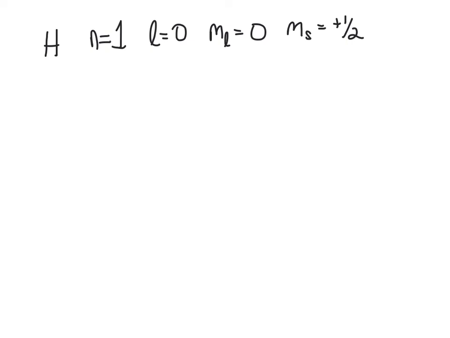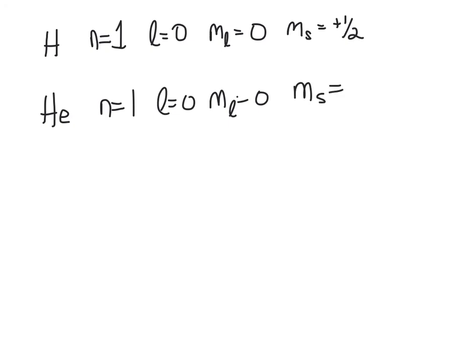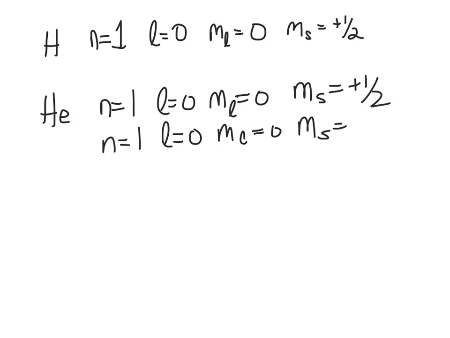Helium has 2 electrons in the first energy level because there's only one orbital, the 1s orbital, on the first energy level. Both of its electrons are in the 1s orbital. So one electron has these as its 4 quantum numbers, and the other electron will have these as its 4 quantum numbers.